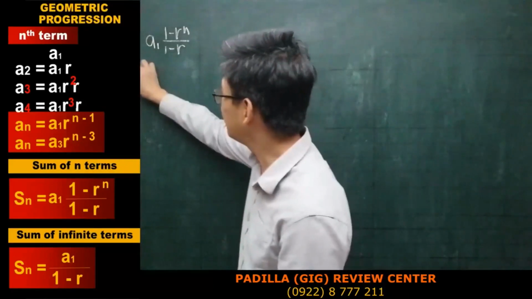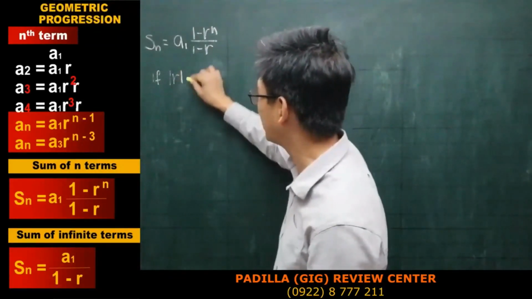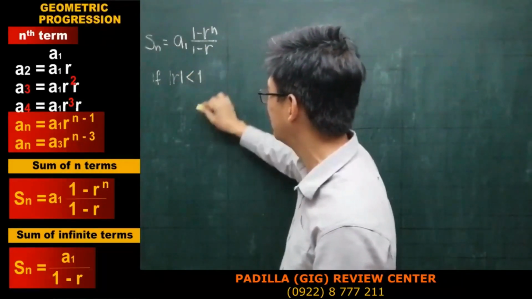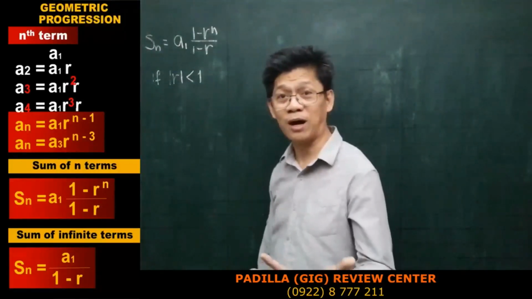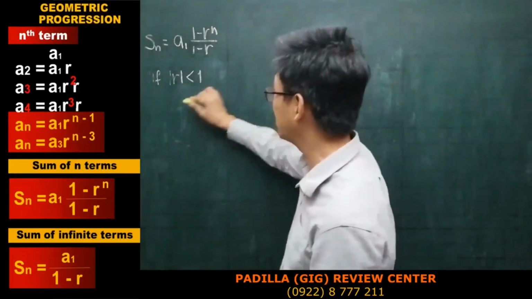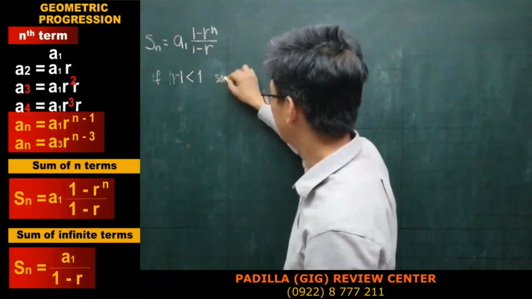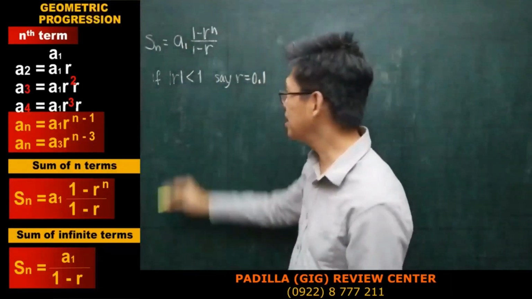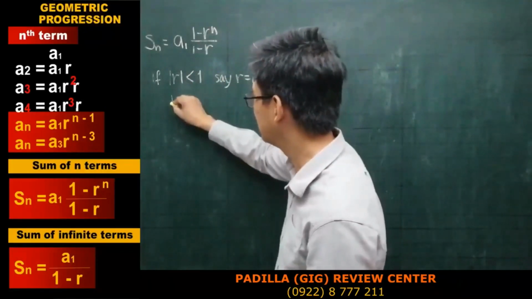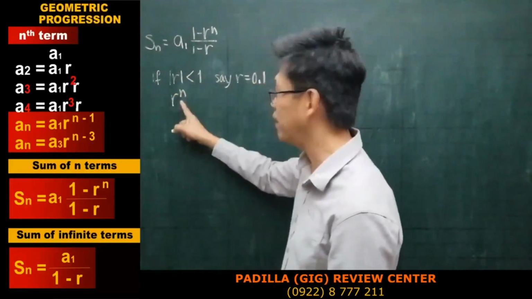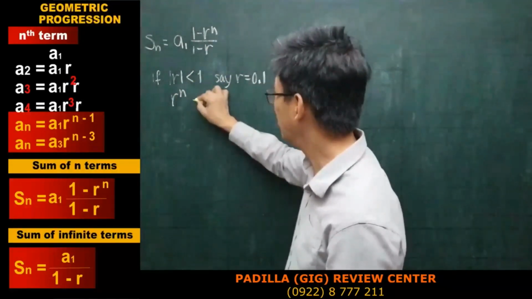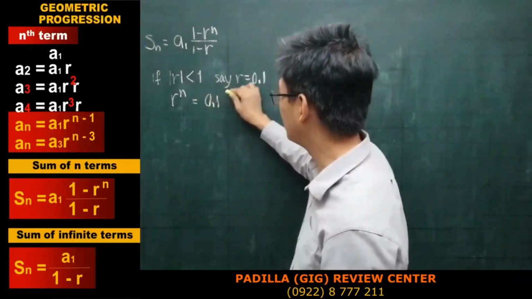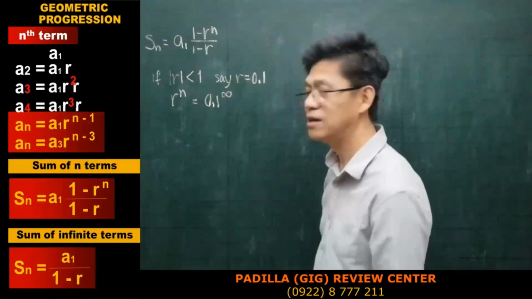Pwede. If the absolute value of R is less than 1, then, halimbawa, para ma-imagine nyo, kunwari, say, R is 0.1. Then, R to the n, if n is infinity, will be 0.1 to the infinity.